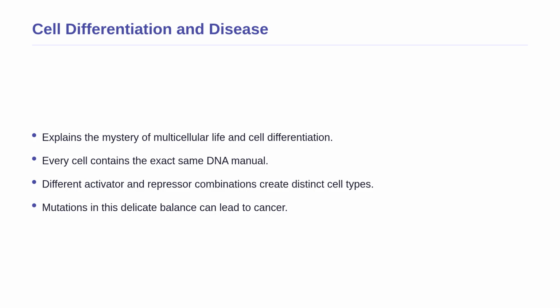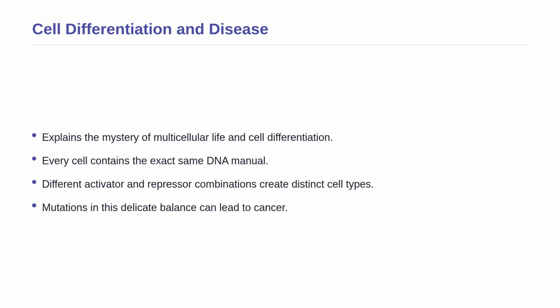Understanding this looping mechanism brings us to a crucial question. Why is this regulatory system so important? It actually explains the fundamental mystery of multicellular life, which is cell differentiation. Every single cell in your body, whether it is a neuron in your brain or a muscle cell in your heart, contains the exact same DNA manual.